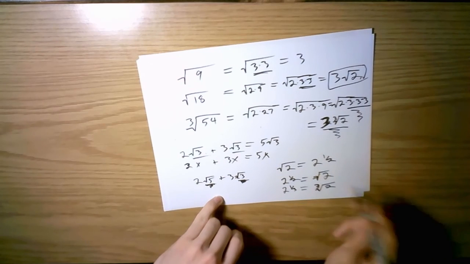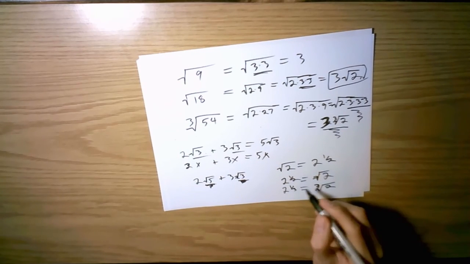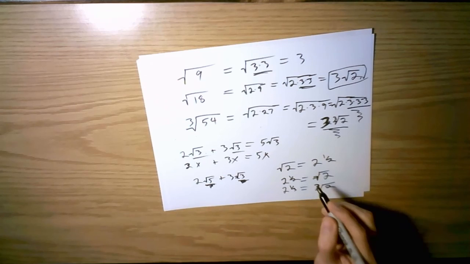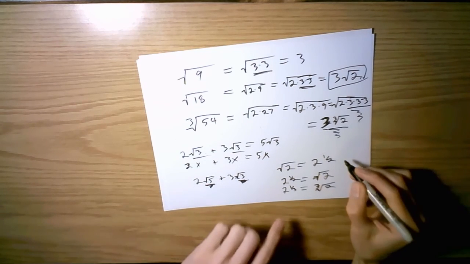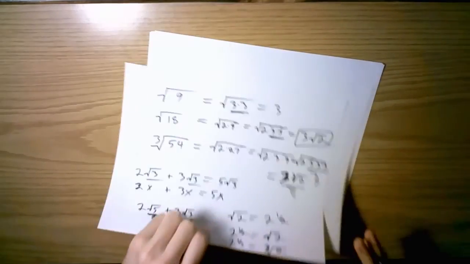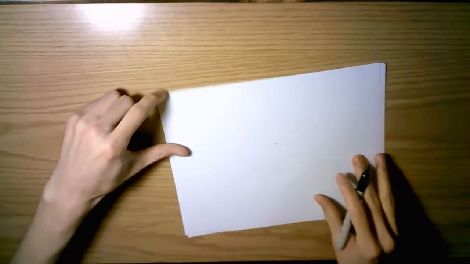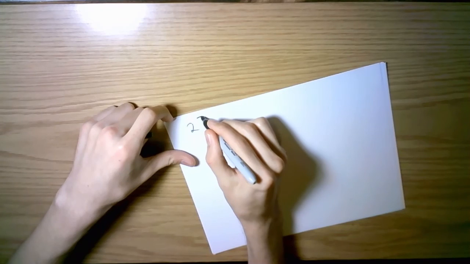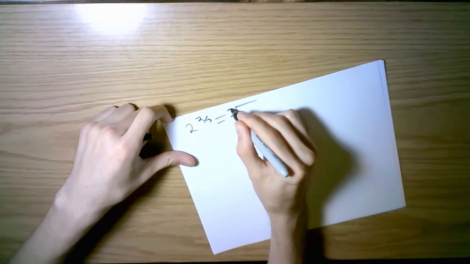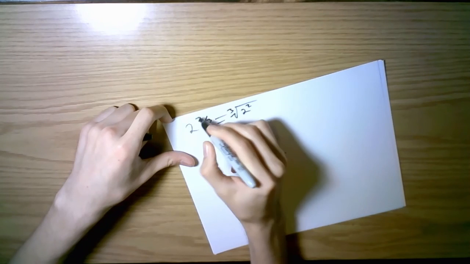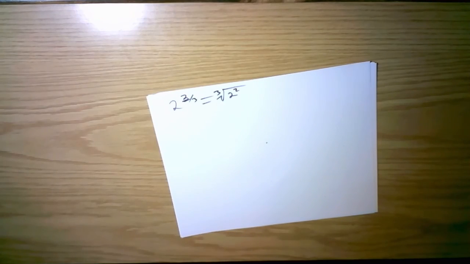So if you have a rational exponent, it represents a radical, so keep that in mind. You can also have 2 to the 2/3, which would equal the cube root of 2 squared, since you got squared there. That's how that works.